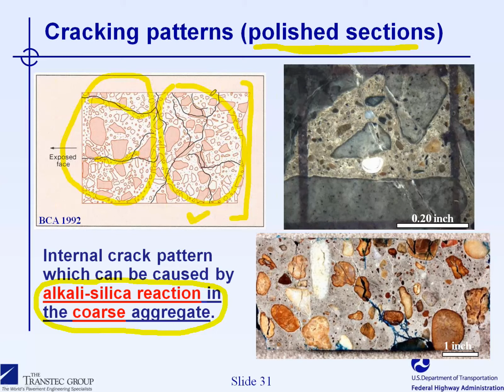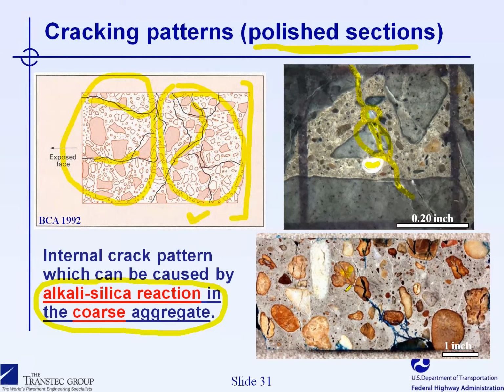So this pattern of cracking is quite typical, and in the internal portion of the concrete affected by ASR in coarse aggregate, you will see the cracks actually running through the aggregate particles and from one aggregate particle to another through the cement paste. As you can see here in this real example, you see cracks due to ASR running from one aggregate particle to another through the cement paste, and alkali silica reaction product can be seen both in the aggregate particle as well as in voids of the cement paste.